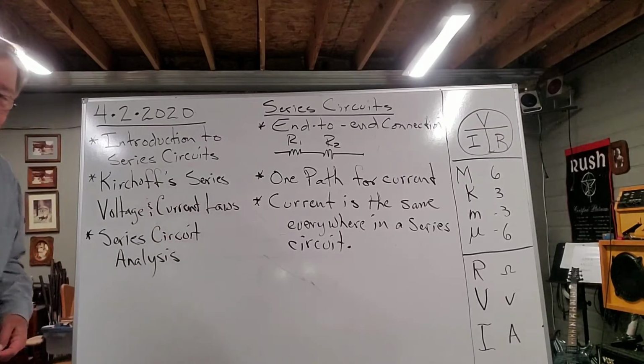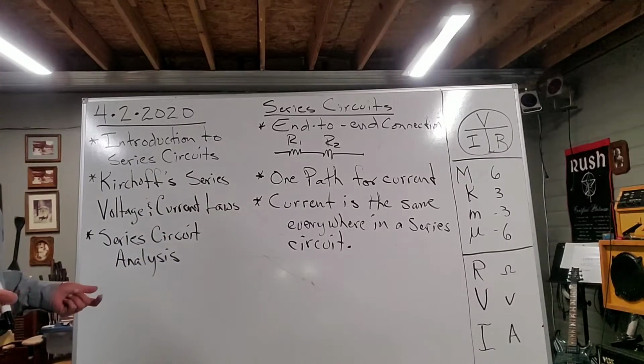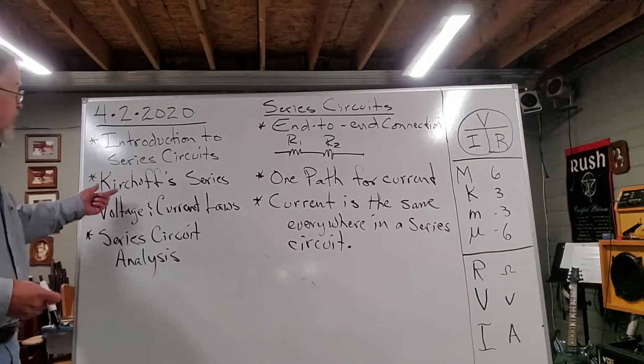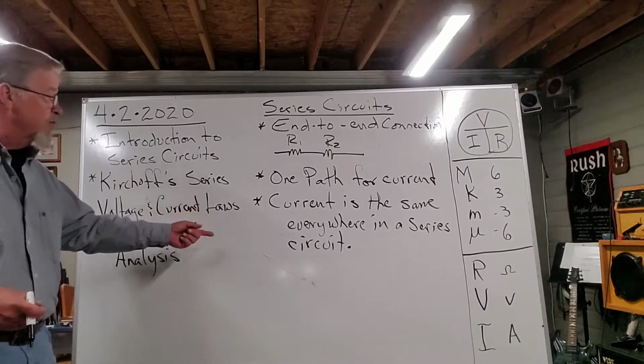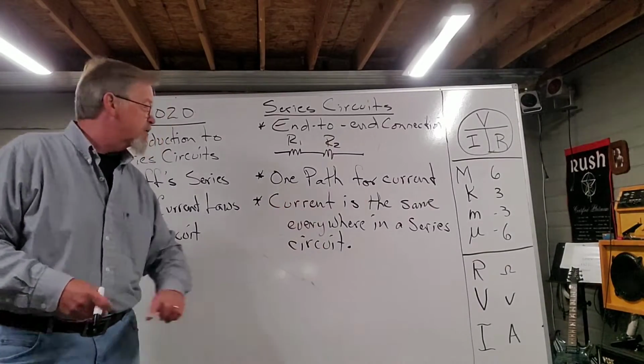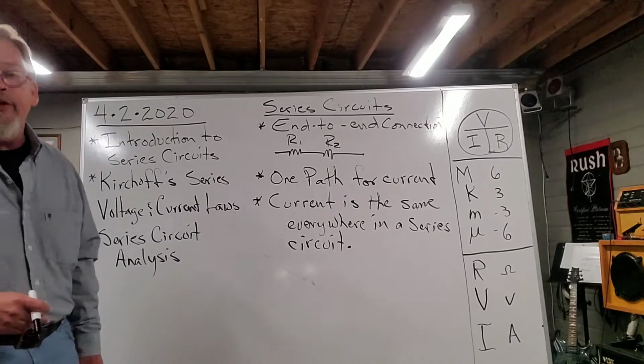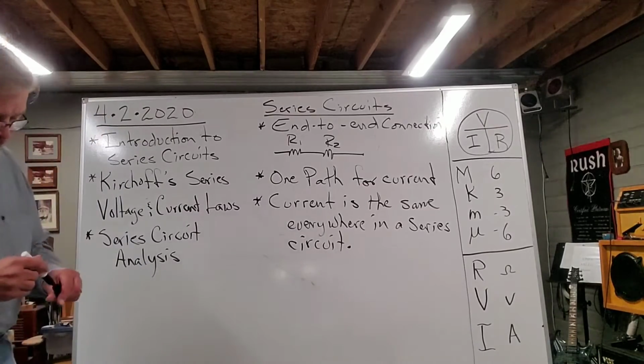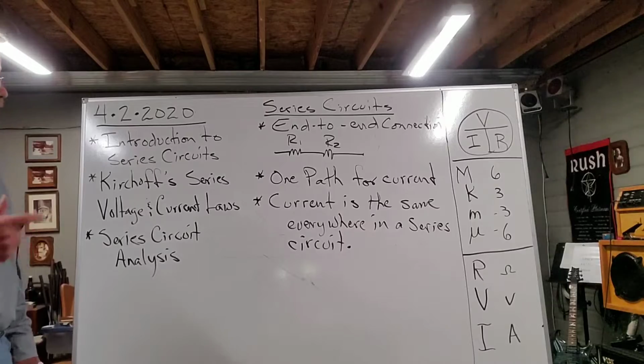That's what Kirchhoff's current law says. So Kirchhoff's series current law is just another way of saying the current is the same everywhere in a series circuit. Okay? So we know there's current. It's one value of flow.